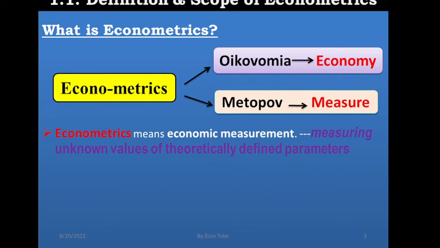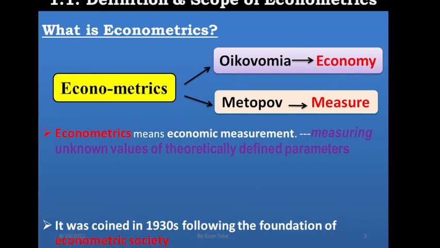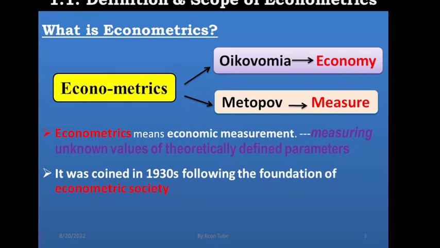So together, econometrics means economic measurement, which is measuring unknown values of theoretically defined parameters. It was coined in the 1930s following the foundation of the Econometric Society by Ragnar Frisch and Jan Tinbergen, founders of econometrics.